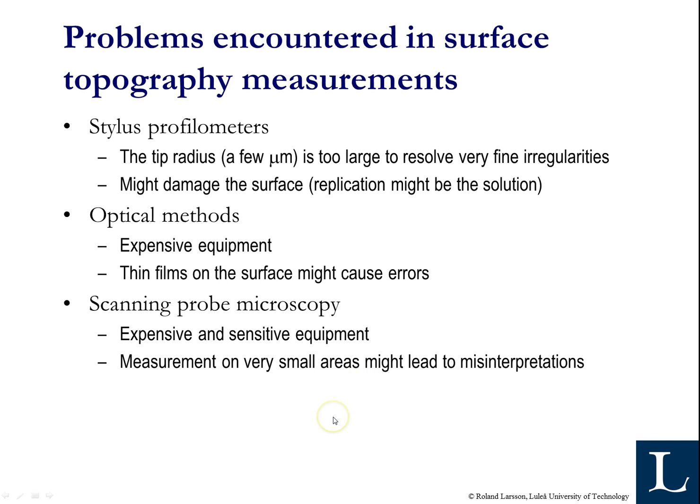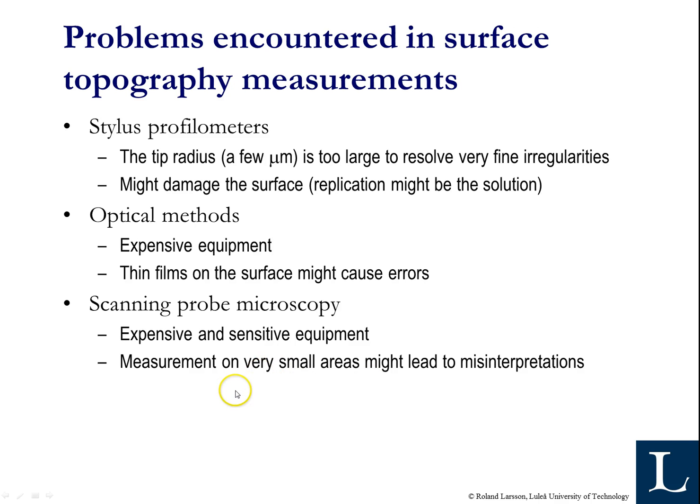As I have already indicated, there are big problems in measuring surfaces, and all these instruments I mentioned have their own problems. The Stylus instrument has the problem that the tip radius is maybe too big. Even if it's a pretty sharp tip, it can't come down into the deepest valleys, and it might even damage the surface because it's in contact with it. So if the tip is harder than the surface, it may scratch the surface. The optical methods are better because there is no contact, but on the other hand, the equipment is much more expensive, and there are also things that can disturb the optical measurement technique, for example transparent films on the surface.